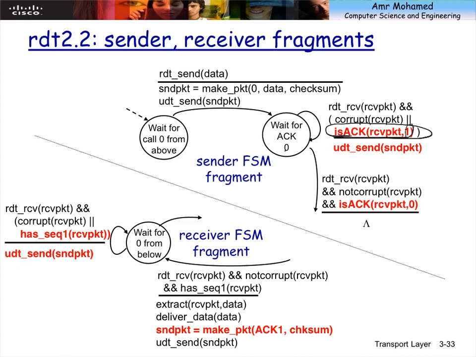If we receive acknowledgement 1, this means at the sender side that I need to retransmit. If we wait for acknowledgement 0 for what we have sent, but we receive acknowledgement 1, this means that 0 was not received correctly, so I need to retransmit. So by checking the sequence number in the acknowledgement, I can perform the exact same functionality of negative acknowledgement.